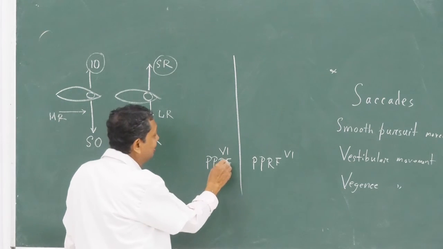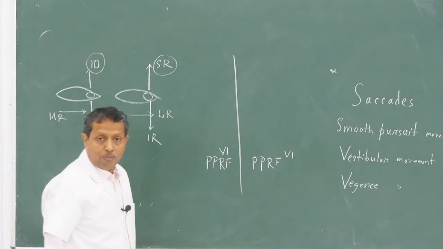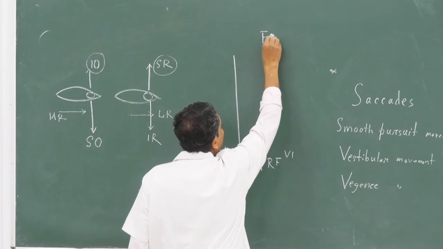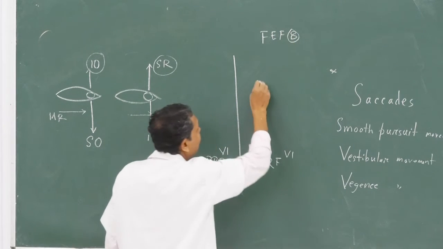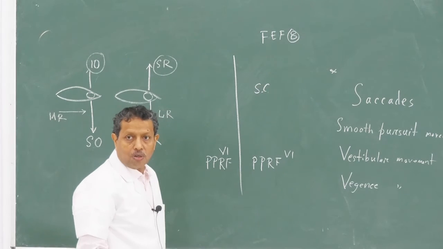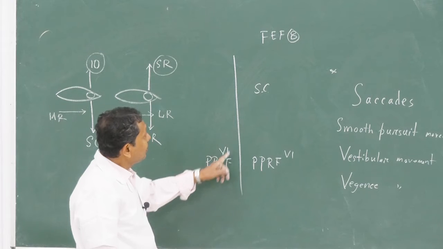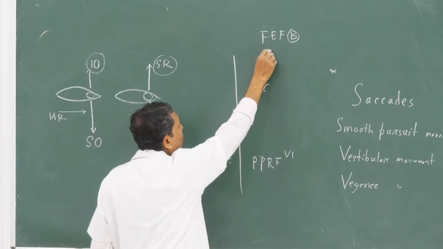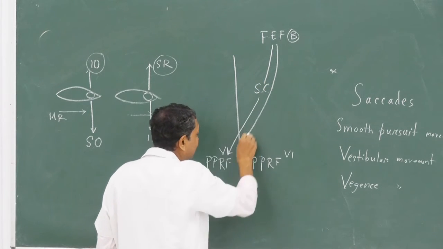and in that case this is affected by the higher center from the superior colliculus, and on the other side frontal eye field, Brodmann's area 8, and superior colliculus, and it is affected directly by the superior colliculus and also indirectly by this, and even directly by this.